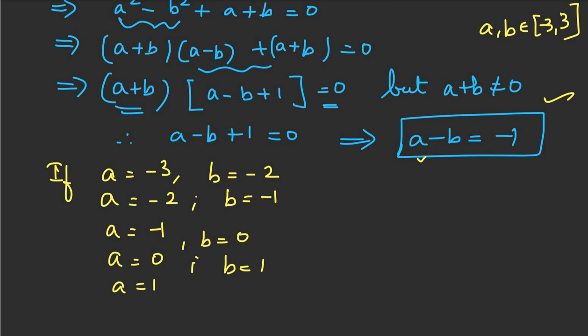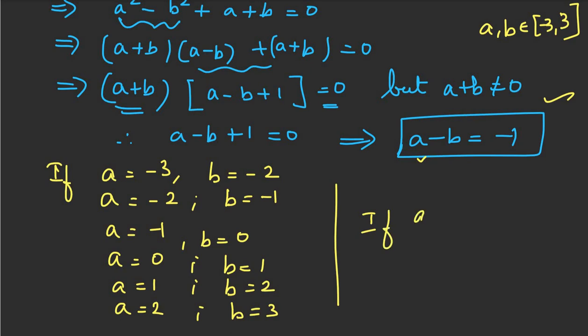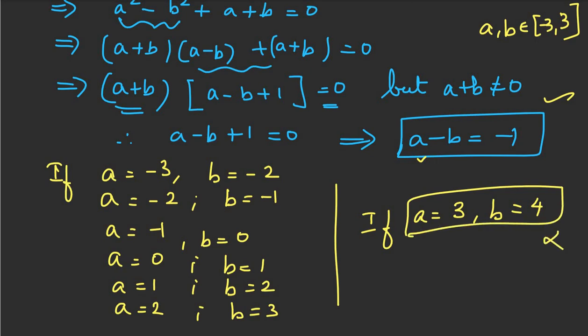A is equal to 1, b is equal to 2. A is equal to 2, b is equal to 3. Minus 3, minus 2, minus 1, 0, 1, 2 taken. If we take a is equal to 3, b becomes equal to 4, which exceeds our limit, so we are not taking it. So here, 6 cases are there.